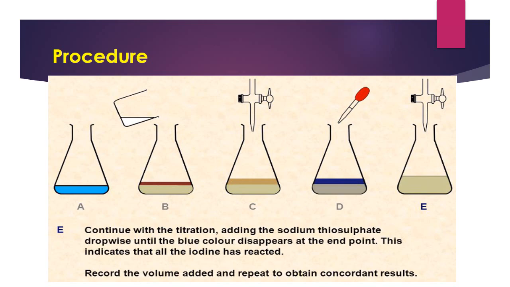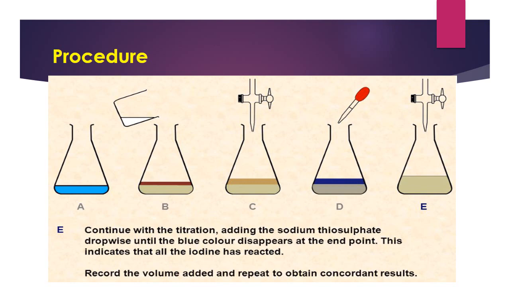The final step is to continue the titration with sodium thiosulfate, dropwise, until the blue color disappears at the end point. An off-white precipitate forms, and this is considered the end point.